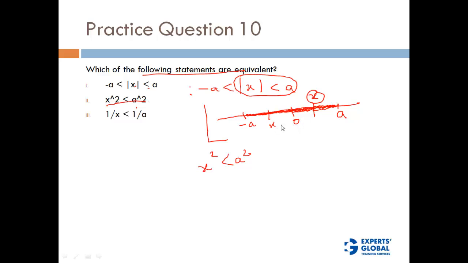We saw that there are two possibilities. X could be a positive number, x could be a negative number. If x is a positive number and a is obviously positive, right? And x is going to be falling before a, so we know that x is less than a. If x is less than a, we can say that x square is less than a square, right?